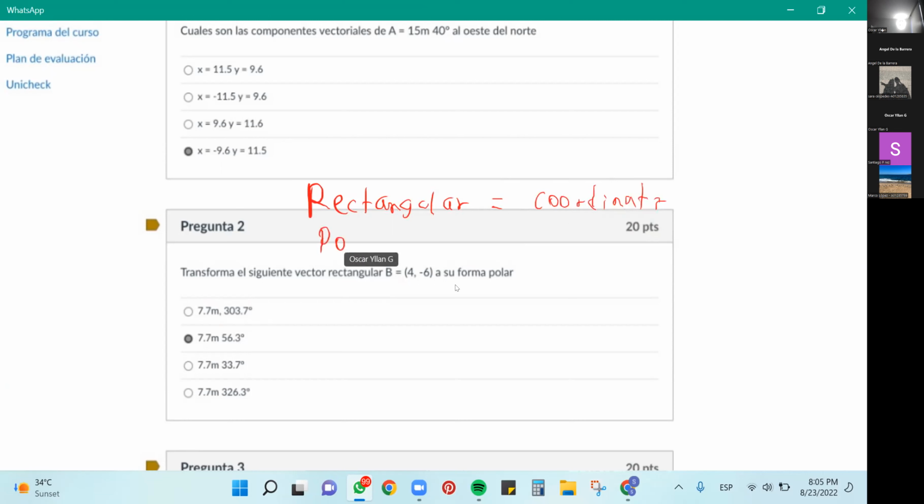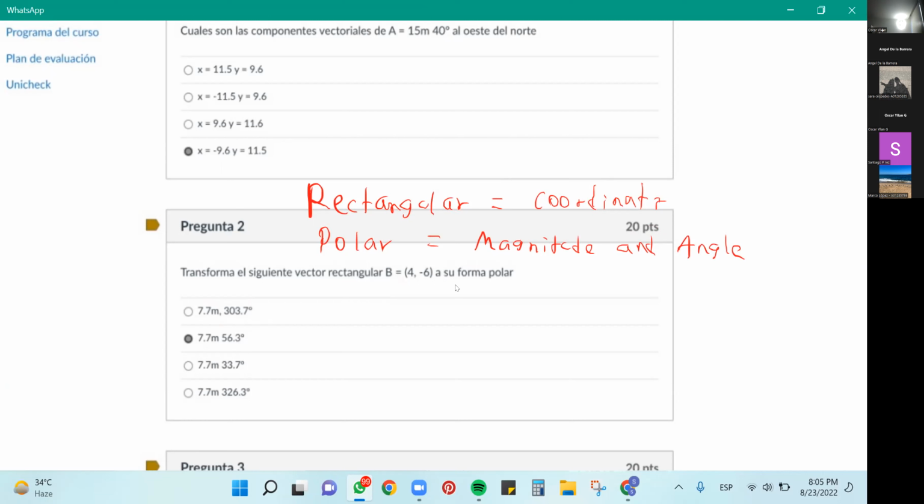When they tell you polar, it's equal to magnitude and angle. You use that a lot in electrical engineering. But yes, basically you have to use Pythagoras and the other one.